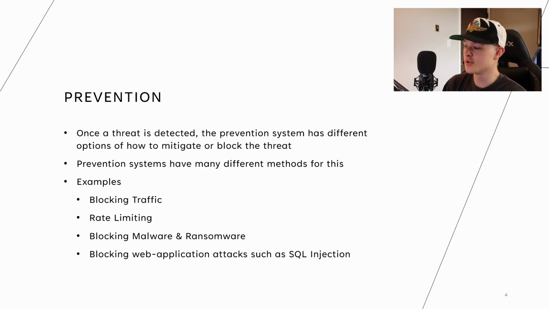Then there's examples as blocking malware and ransomware. So, okay, if the IPS can tell, based on the detection, that this is probably malware, you're probably going to send malware or ransomware, then you're blocked.